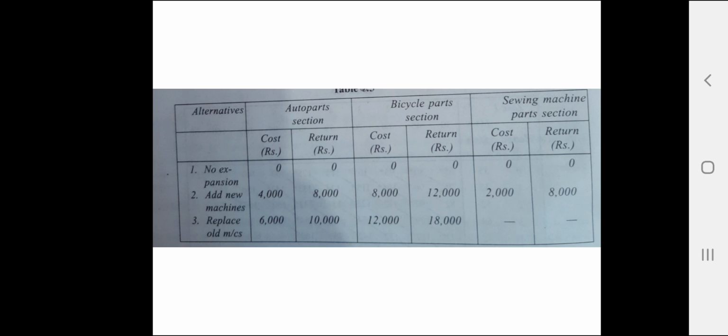Let us consider the first stage, auto parts. You can see the second and third columns for the auto parts section. There are three alternatives for auto parts: no expansion, then new machines to be purchased or added, and replace old machines. The amount that may be allocated to stage 1 may vary from 0 to 20,000.